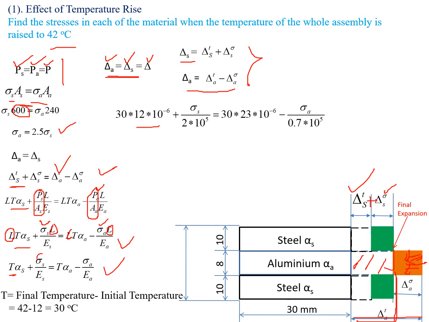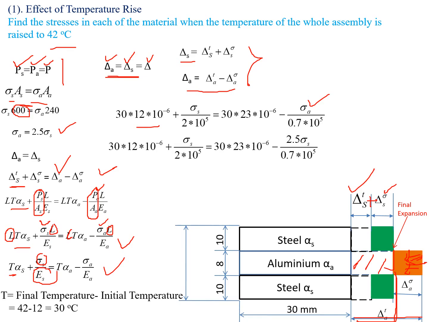Sigma S we don't know, so we keep sigma S divided by E S, the Young's modulus of the steel, given as 2 into 10 to the power of 5. This equals T, that is 30, times alpha A, given in the data as 23 into 10 to the power of minus 6. Sigma A we don't know, so we keep sigma A divided by E A, given as 0.7 into 10 to the power of 5.